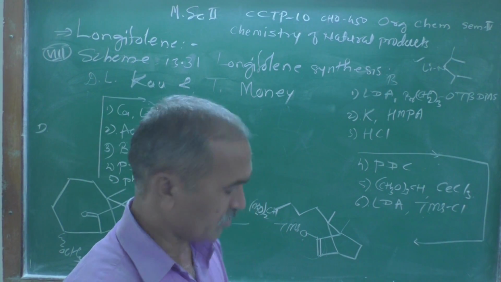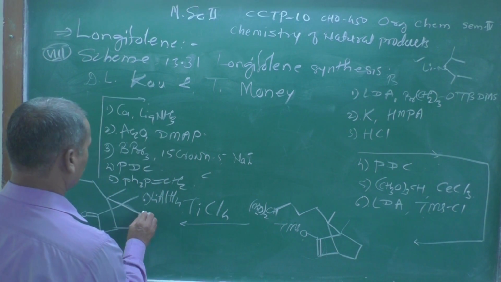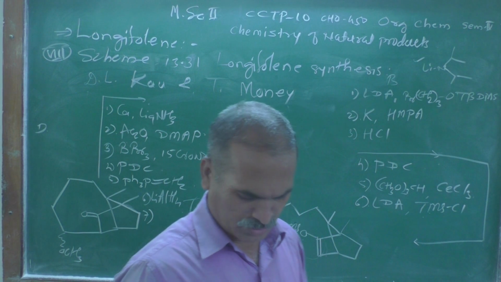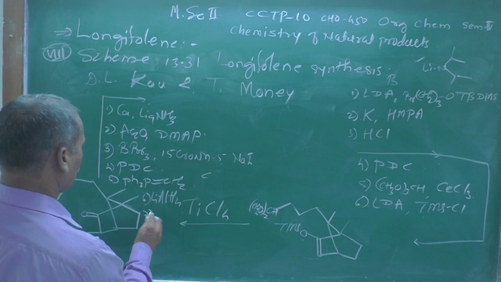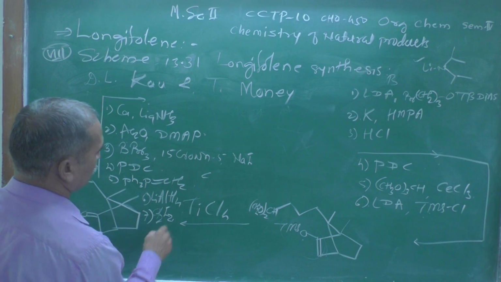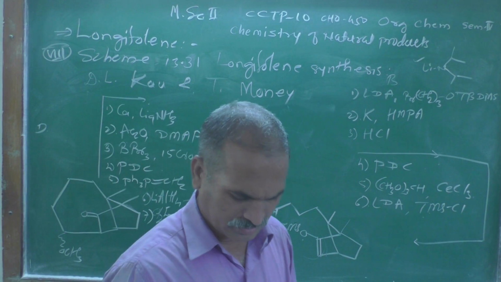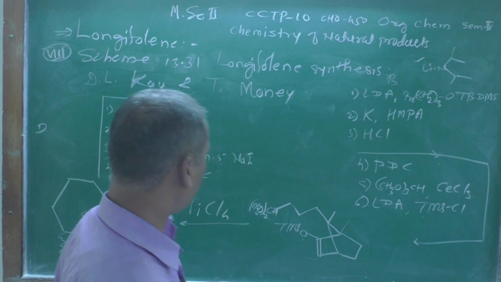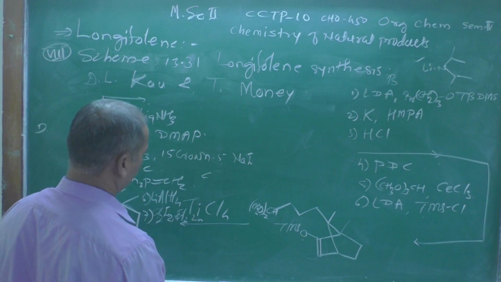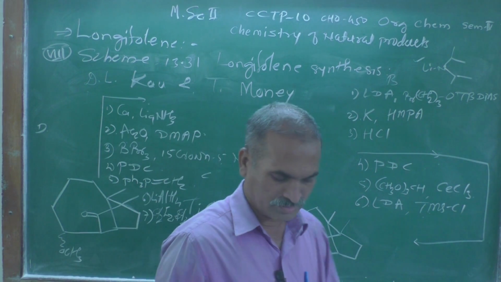And the seventh one added over here is CH2I2 and Et2Zn. This is the reagent.